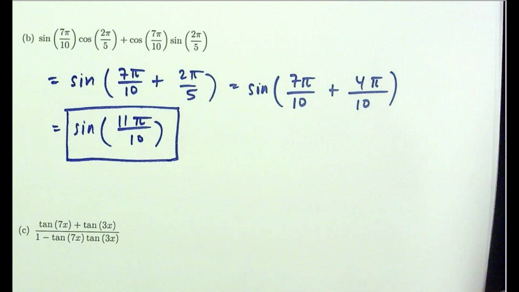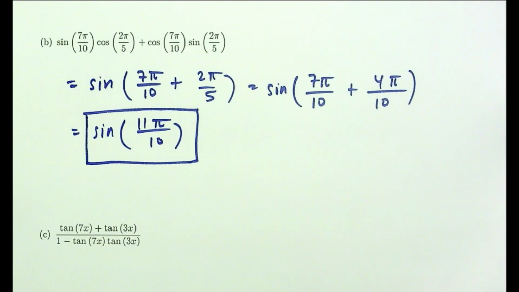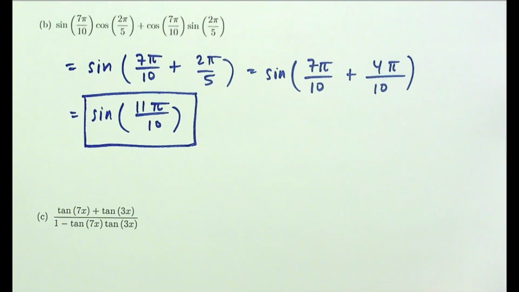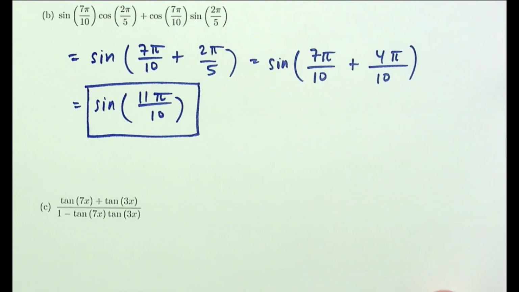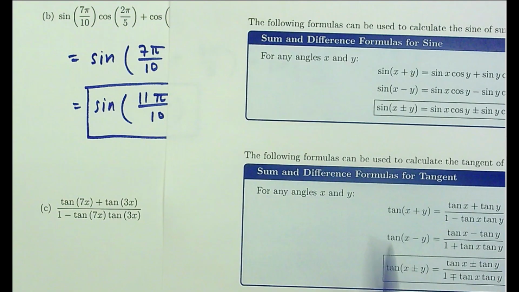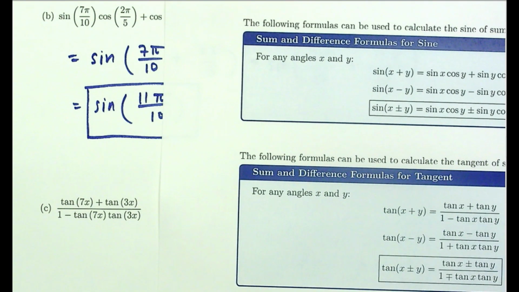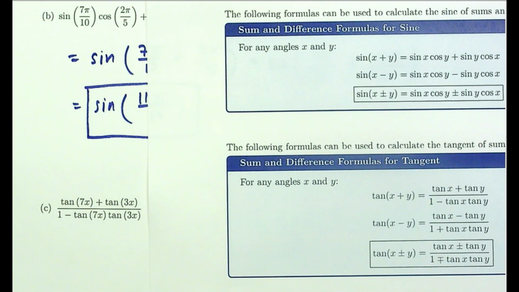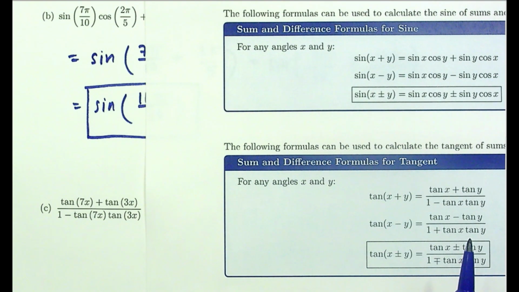And of course, you could do this even if you had variables. Like in the next example, it says tangent of 7x plus tangent of 3x, all that over 1 minus tangent of 7x tangent of 3x. Well, you recognize that as one of the sum or difference formulas for tangent, and it looks most like the first one.